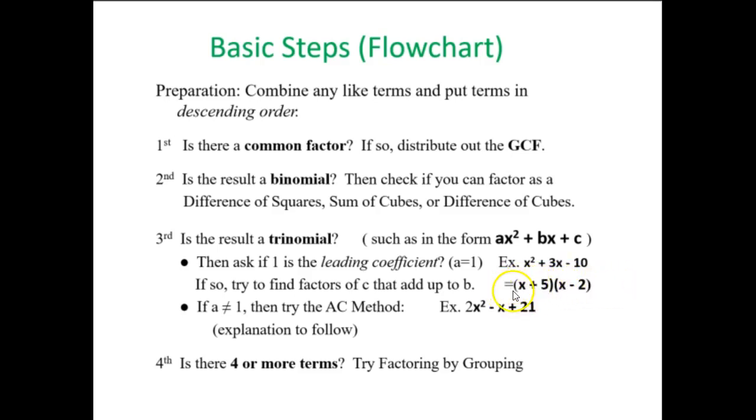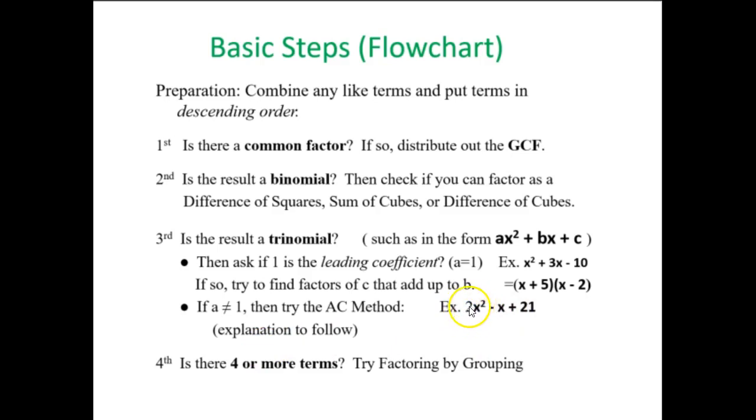So then you put it in the binomials: x plus 5, x minus 2. And if you FOIL that, or double distribute, you'll get the original trinomial that you started with. Now the second way is if A is not 1, then try the AC method. We'll talk about that later.